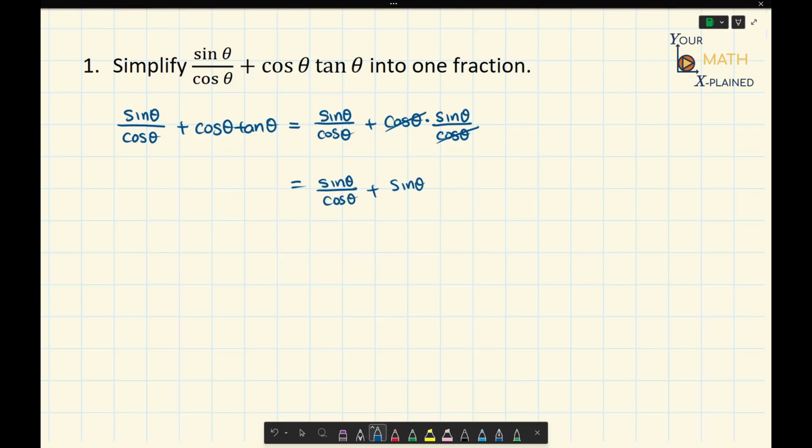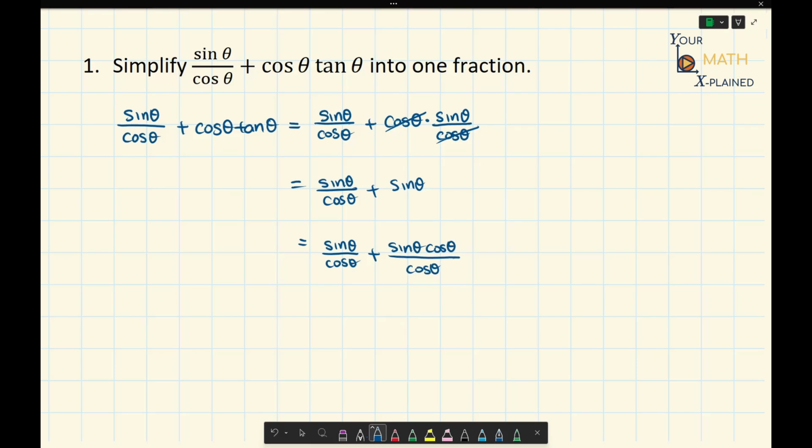And since our goal is to turn this into one fraction, we're going to put them over a common denominator, which means we're going to multiply our second term by cos theta over cos theta. So this is going to be sine theta over cos theta plus sine theta times cos theta over cos theta.